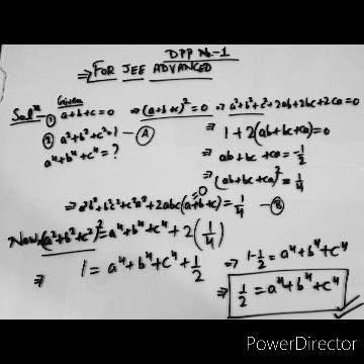Now by solving this equation further, we get the required value of a raised to the power 4 plus b raised to the power 4 plus c raised to the power 4 equals 1 upon 2. Hence 1 upon 2 is the required answer.